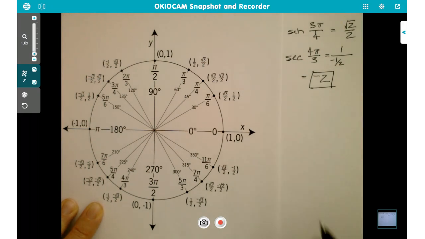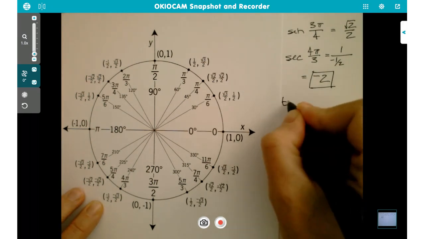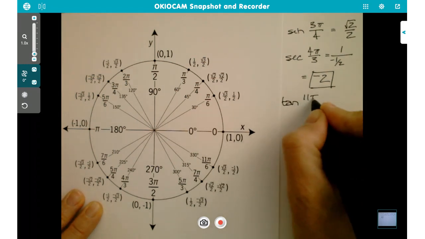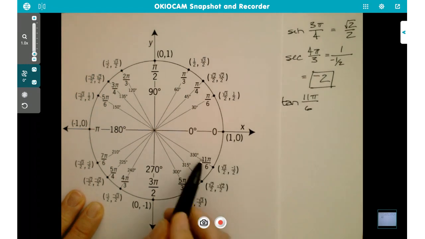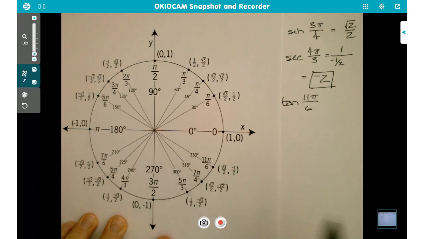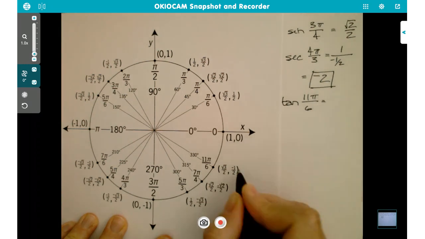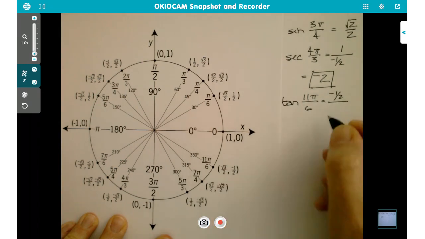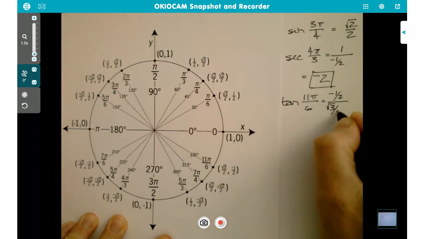What if I want the tangent of 11 pi over 6? That's in quadrant 4. Here it is. The tangent is y over x, so I'm going to put my y coordinate over my x coordinate.